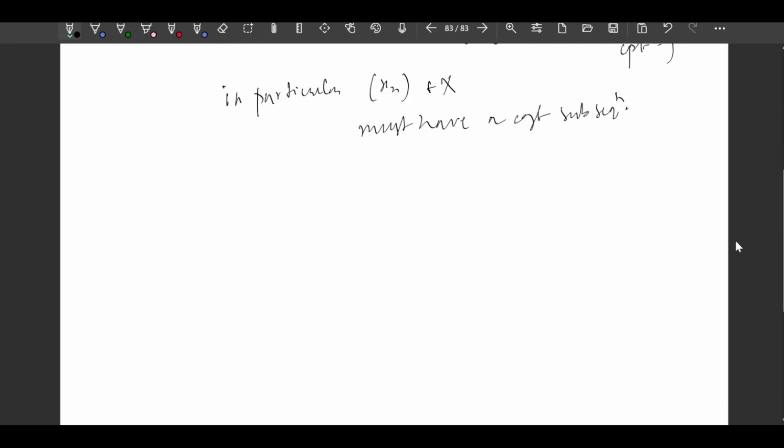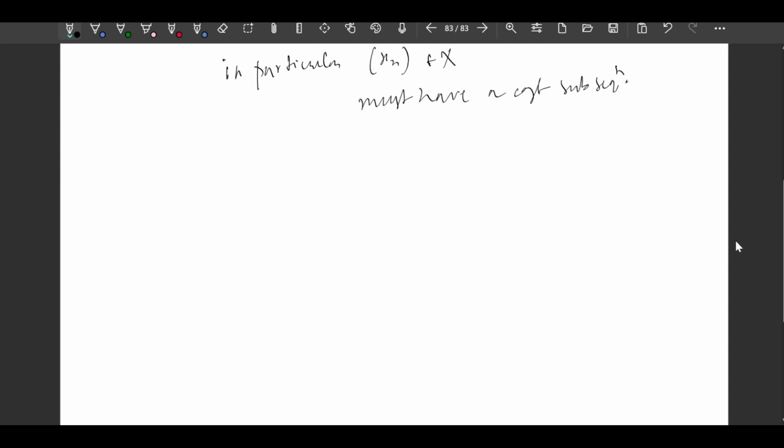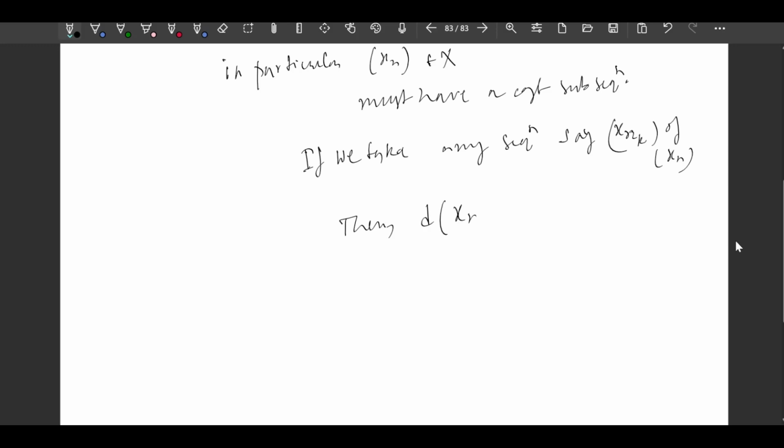But it has no convergent subsequence because if we take any subsequence, say x_{n_k} of xn, then distance of x_{n_i} comma x_{n_j} is greater equal to delta for all i not equal to j.